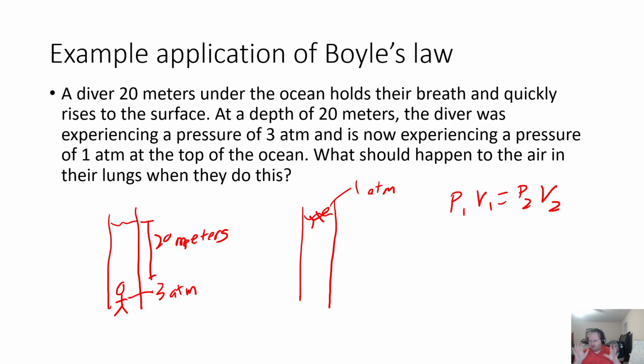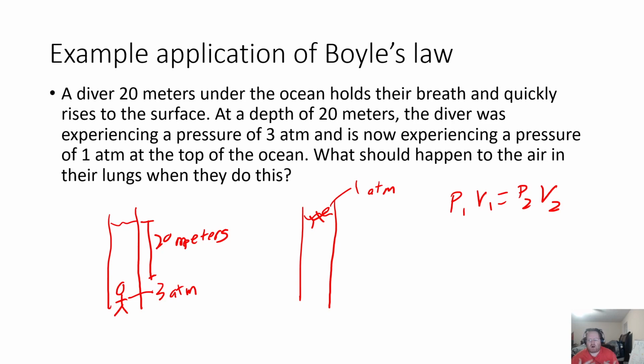I need to change how many molecules are in here. I can expel. I don't have to breathe in as many. I can make adjustments. And so that's important, because your lungs can't triple in size and your body be reasonable. So this is an example of how you can think about Boyle's law and how it would apply to different situations, the idea of how pressure and volume are related to each other.